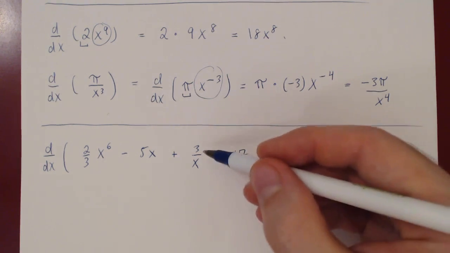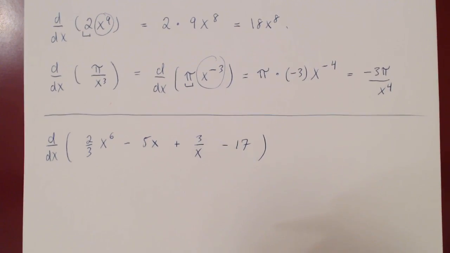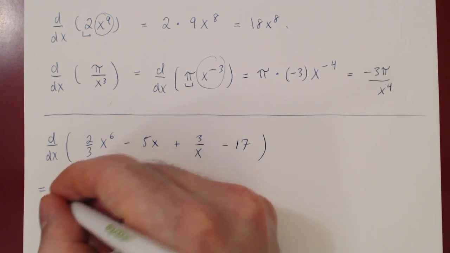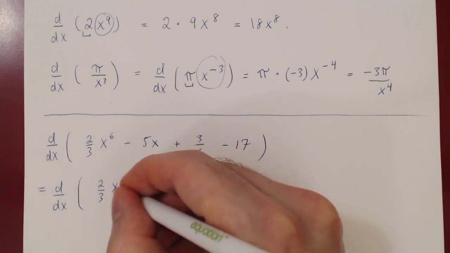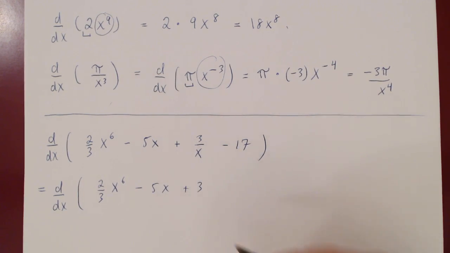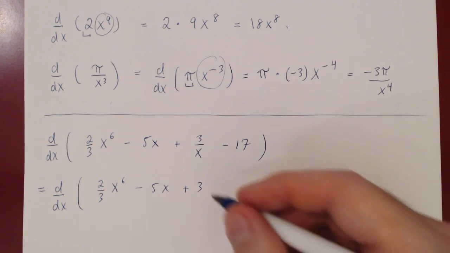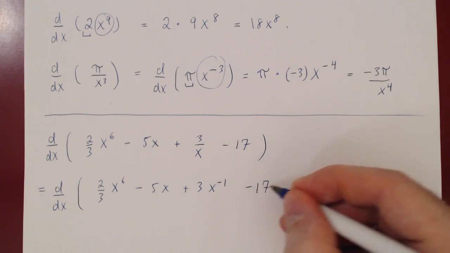Before we move on, we have to rewrite 3 over x as 3 times a power of x. So we have the derivative of 2/3 times x to the 6 minus 5x plus 3 times 1 over x is x to the negative 1 minus 17.